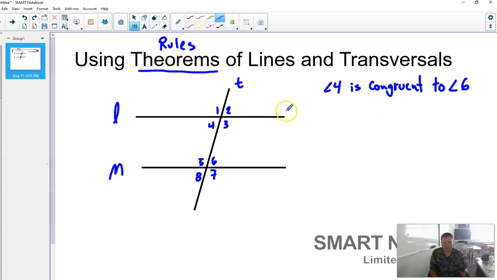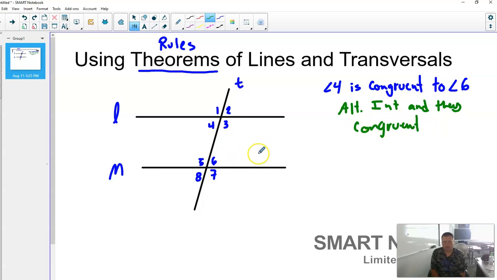So this is absolutely true, because angle 4 and 6 are alternating interior angles, and they are congruent.